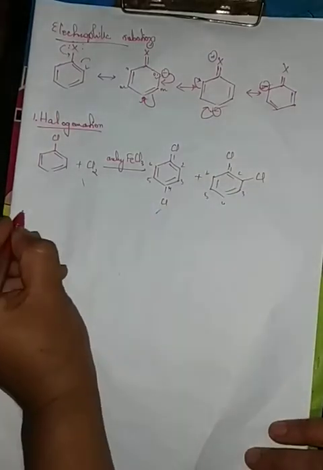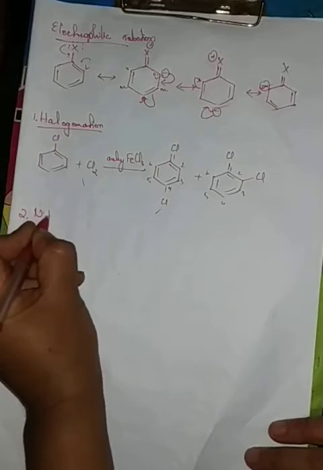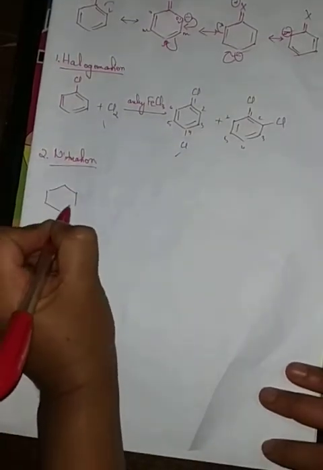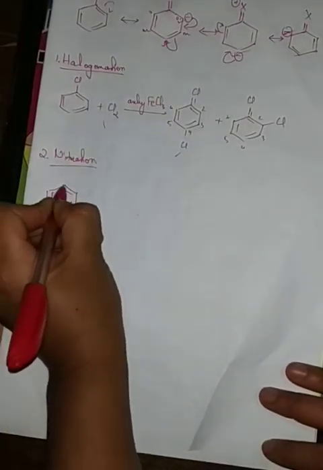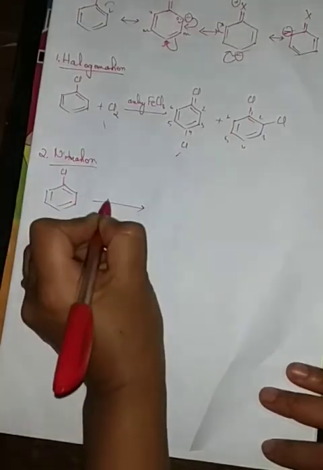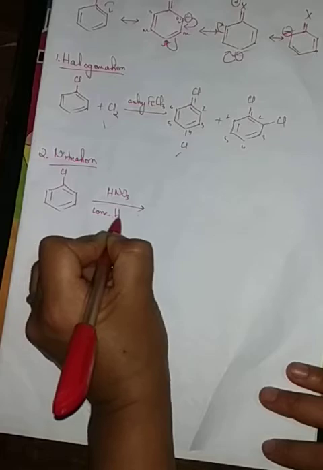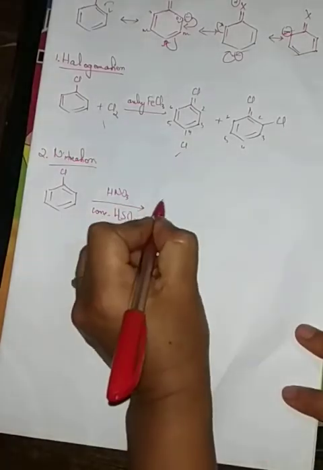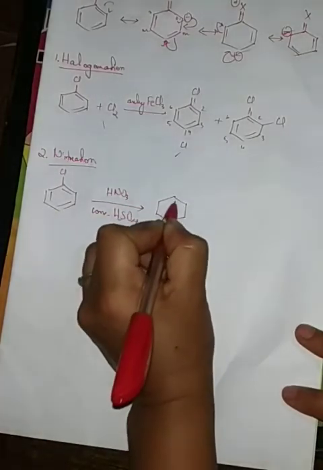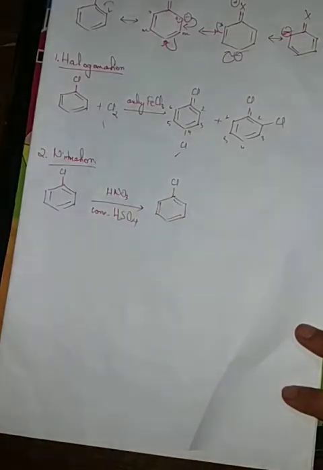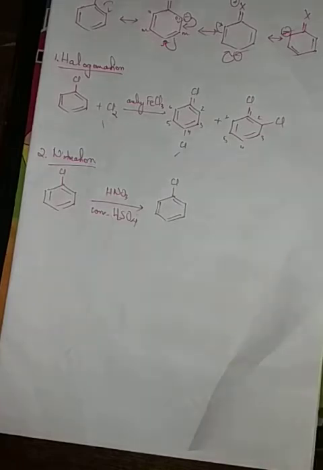This is halogenation. Now the second one is nitration. The nitration reaction is in the presence of HNO3 and concentrated H2SO4. I'm not explaining the mechanism because I believe that you have learned the mechanism of electrophilic substitution reaction of benzene in class 11.